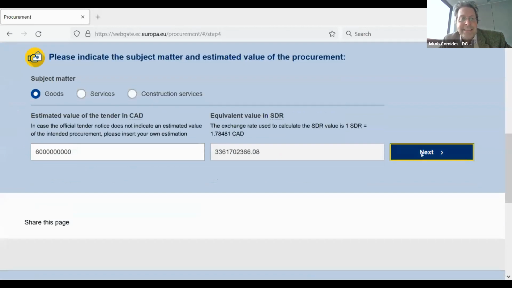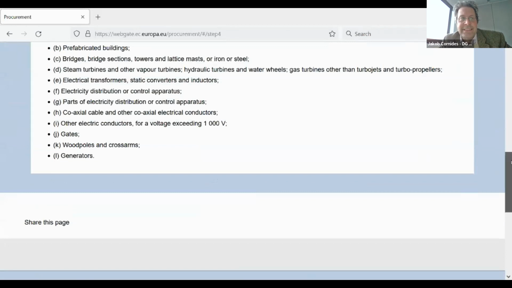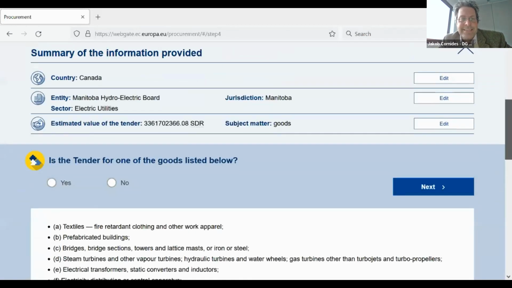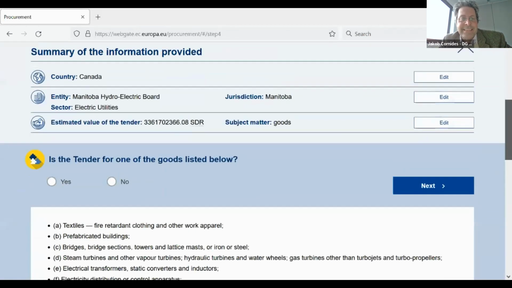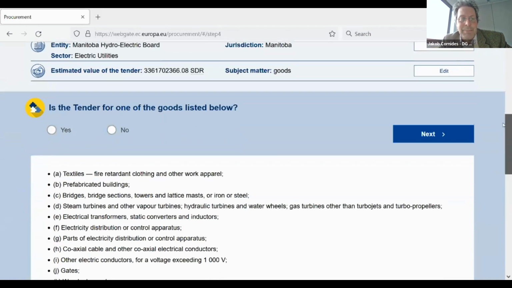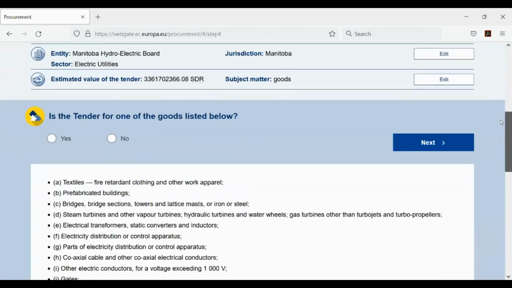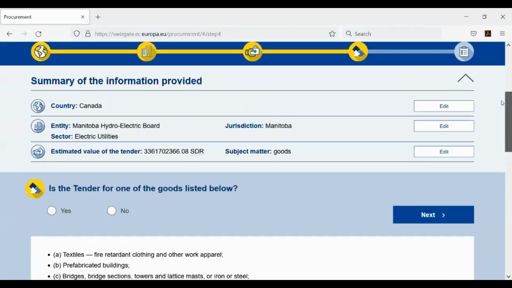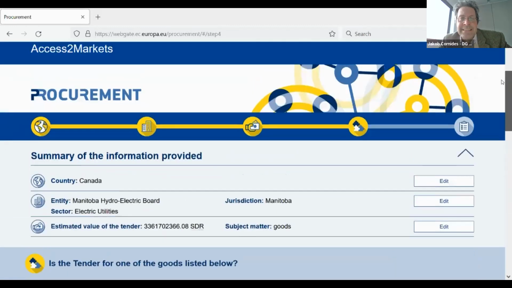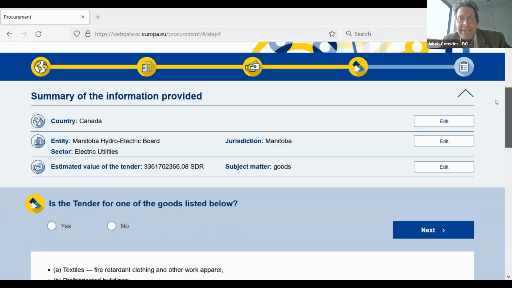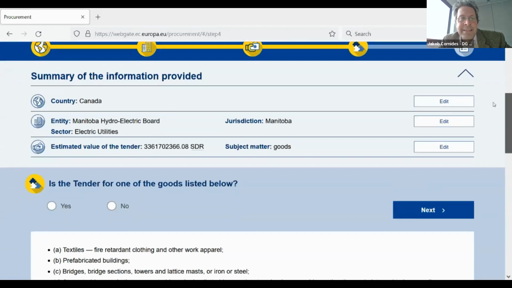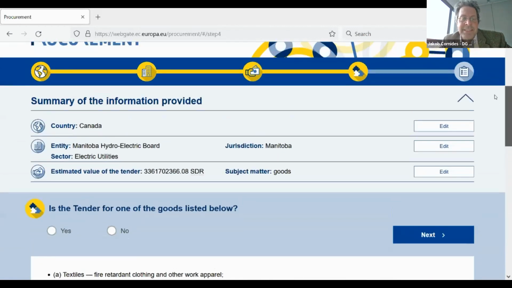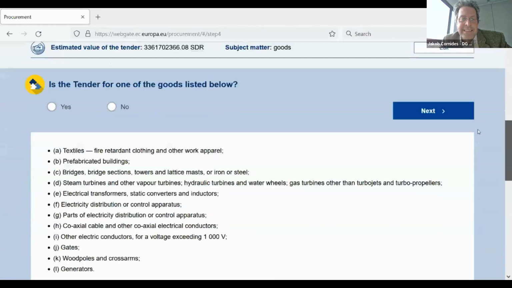So next step, and here you see that what happens is that I get a follow-up question. There can be all kinds of follow-up questions in the system, and this relates to the fact that there are many special provisions and exceptions and exemptions in the CETA agreement.